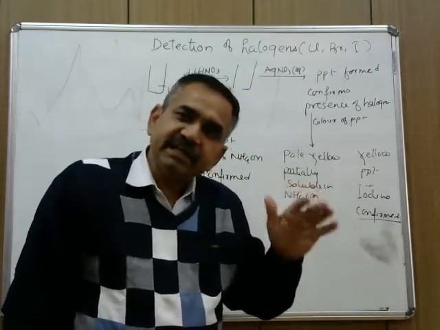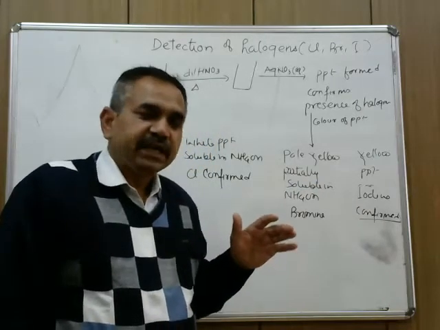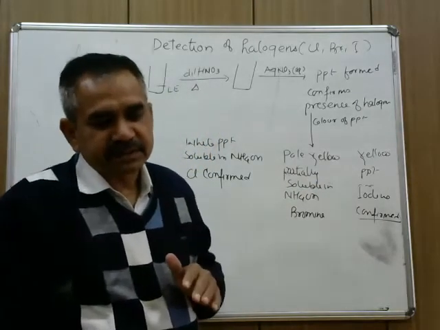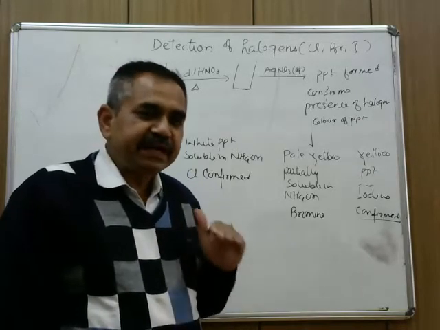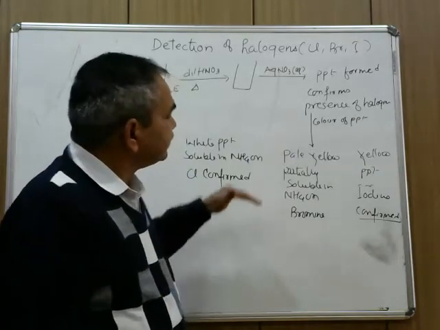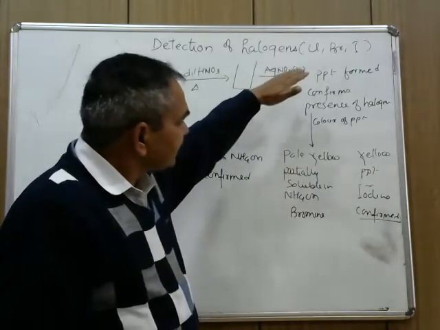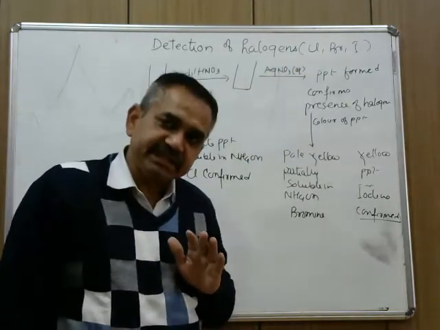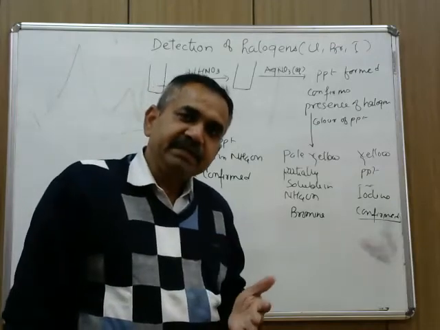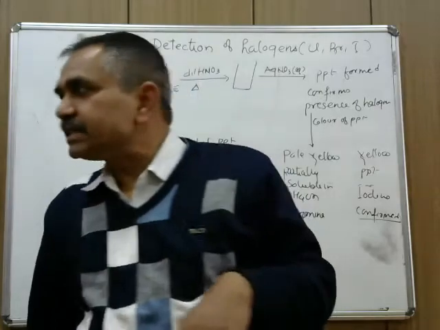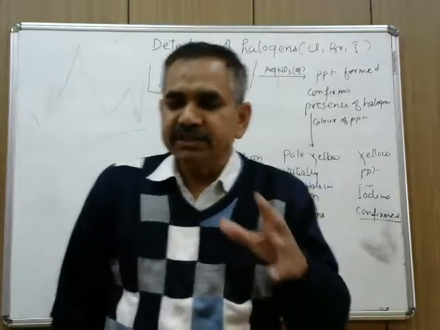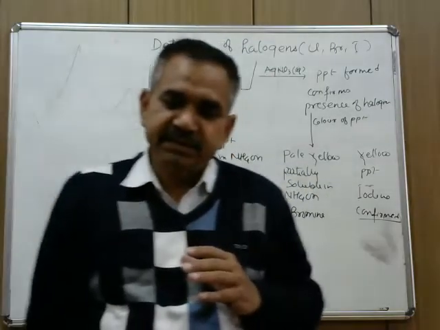After adding silver nitrate solution, if no precipitate is formed, then no halogen atom is present. But if some precipitate is formed, then this confirms the presence of a halogen in the given organic compound.